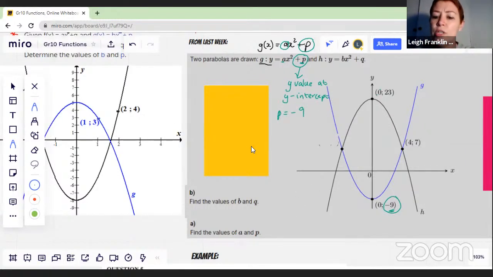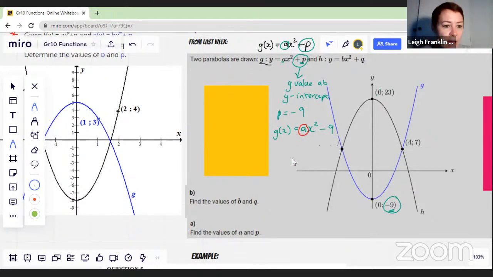So now I'm going to substitute. g of x is equal to, I don't know what a is, but I do know that P is equal to -9. So that's your first step. Now our job is to work out the value of a.